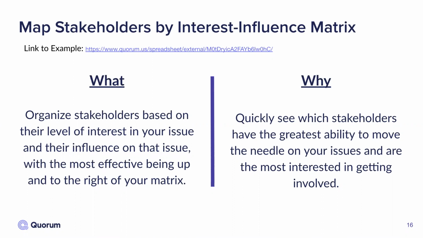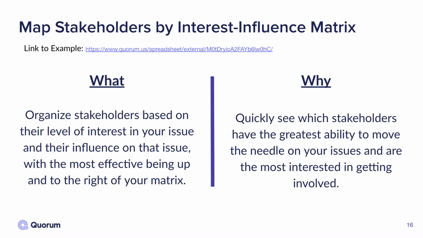You've got your high interest and high influence stakeholders in the top right. Then you've got low interest but high influence, low interest and low influence, who are kind of your duds, and then low influence and high interest.